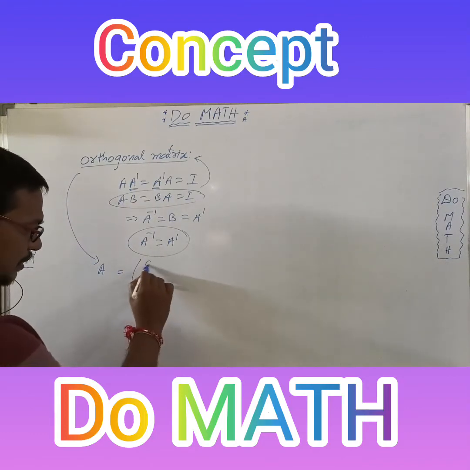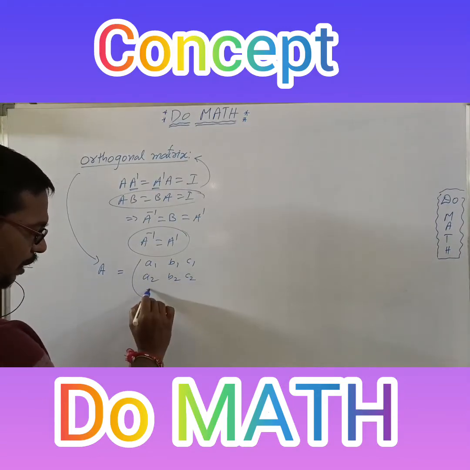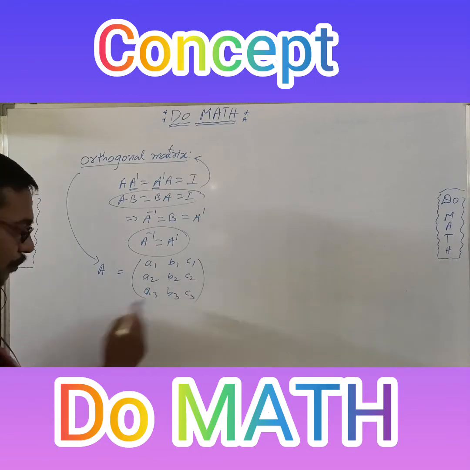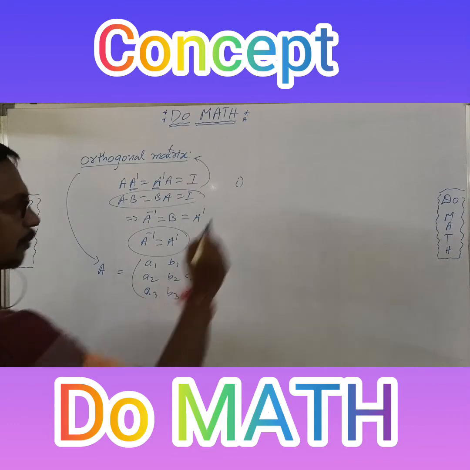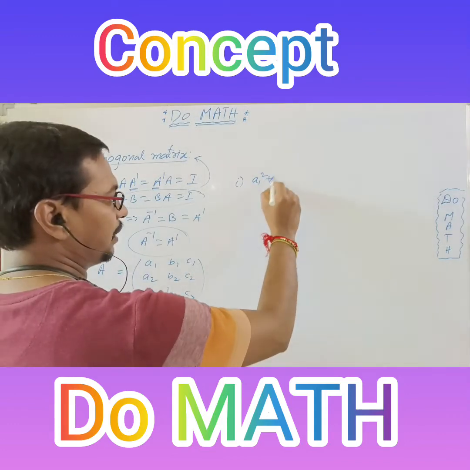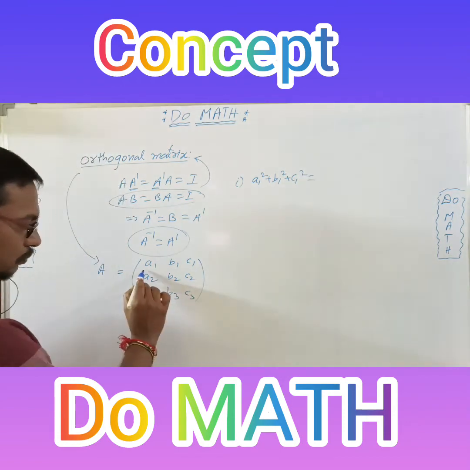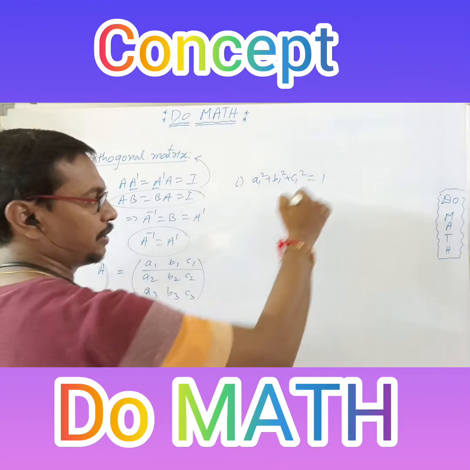Suppose A is A1, B1, C1, A2, B2, C2 and A3, B3, C3. Which is an orthogonal matrix? We have three properties. The sum of the squares of the elements in any row or any column, for example the first row, A1 square plus B1 square plus C1 square, should be 1.